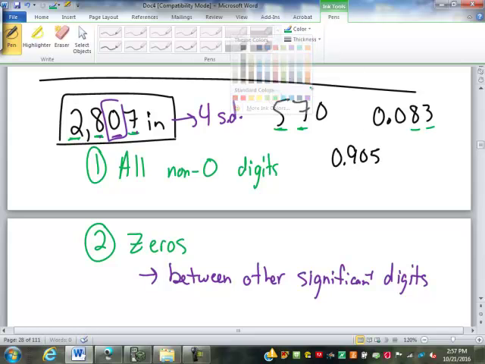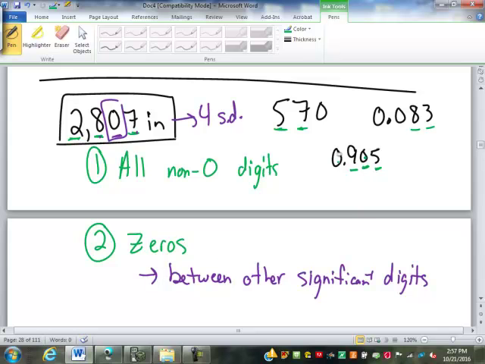.905. Again, the 9 and the 5 are significant because they're not zeros. This 0 here, is that significant or not? Yes, because it's between other significant digits.